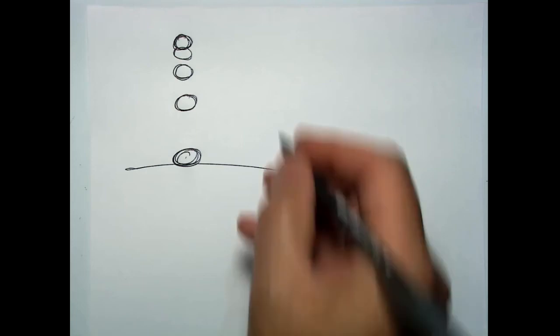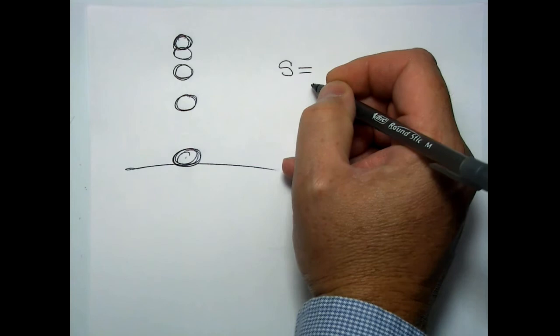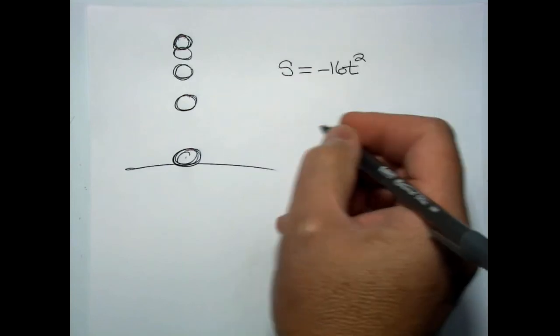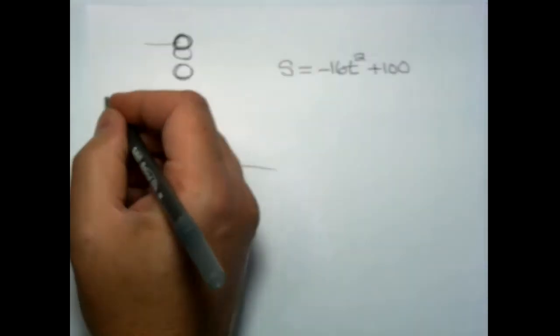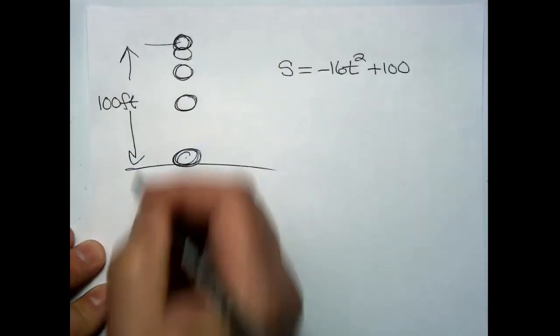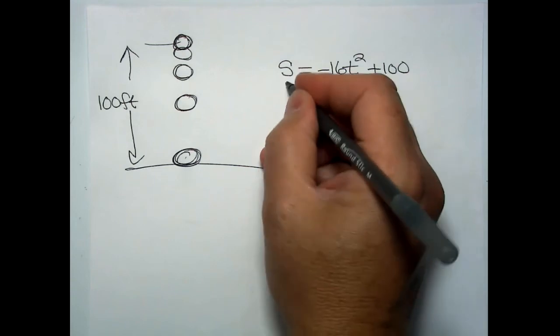Now, somebody has cooked up a formula for the position function, and that is, for this particular billiard ball, minus 16t squared plus 100. And this is in feet. So apparently they start the problem off with the billiard ball 100 feet above the ground. So this is a position function.